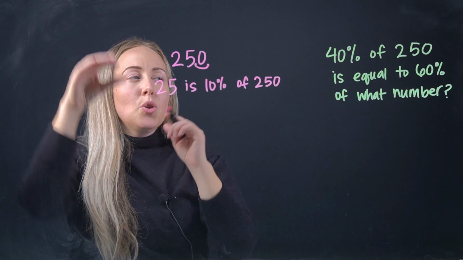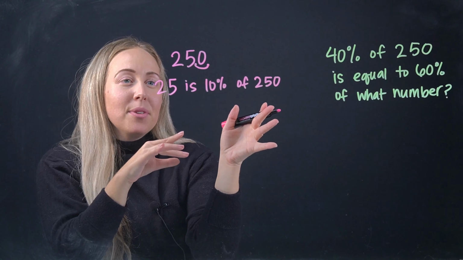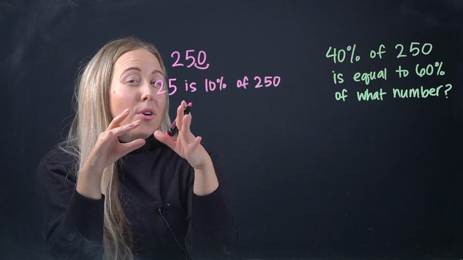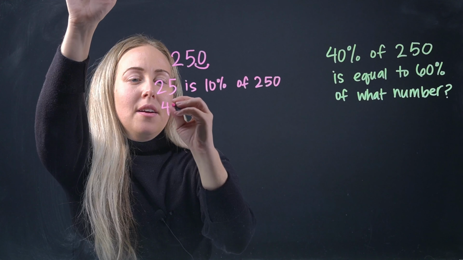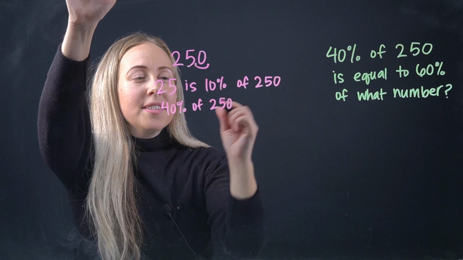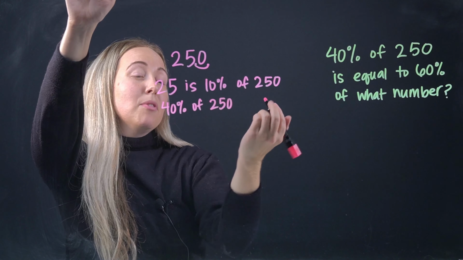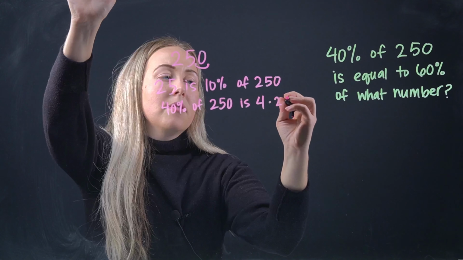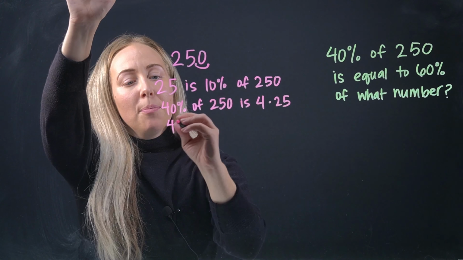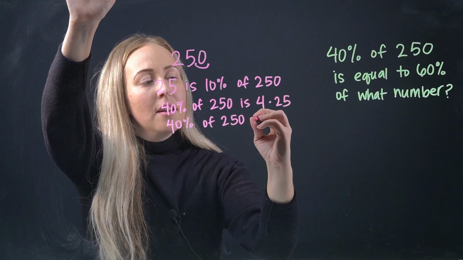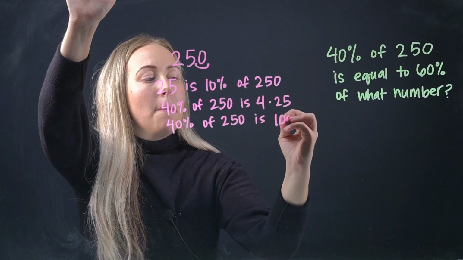If 25 is 10% of 250, then 40% of 250 is going to be 4 times the 10%. It's going to be 4 times 25, so 40% of 250 is 100.